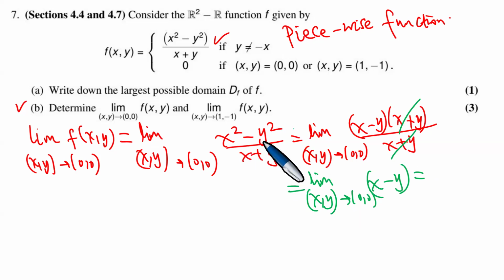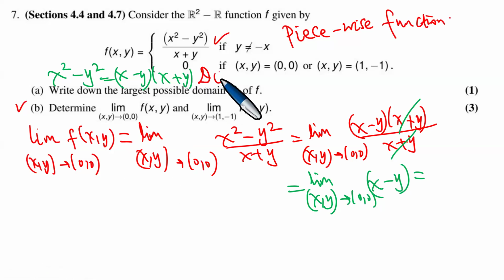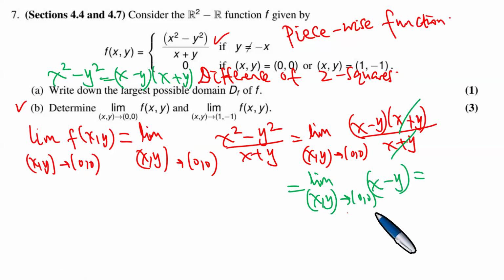The difference of two squares from grade 10, we recall that x squared minus y squared, a very basic concept, is x minus y, open bracket, x plus y. This is our grade 10 study on the difference of two squares. So we get this, and if you substitute the x and the y here, you'd have 0 minus 0, which is 0.